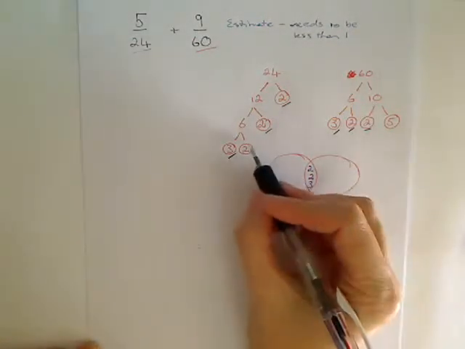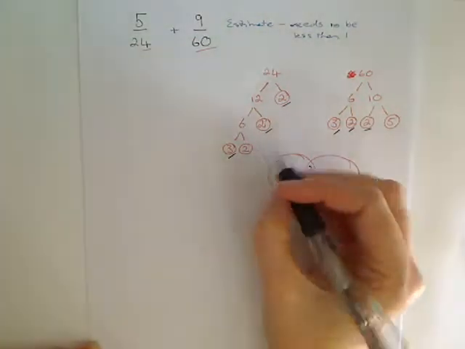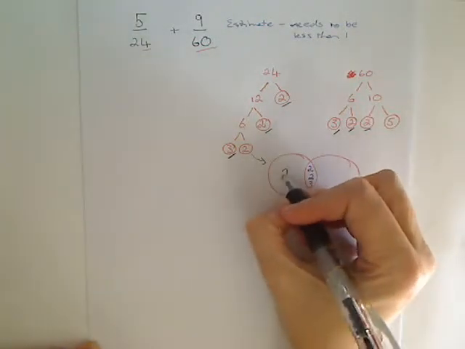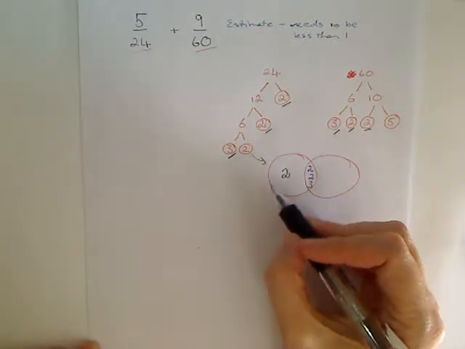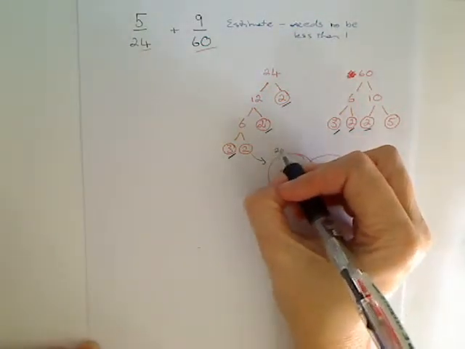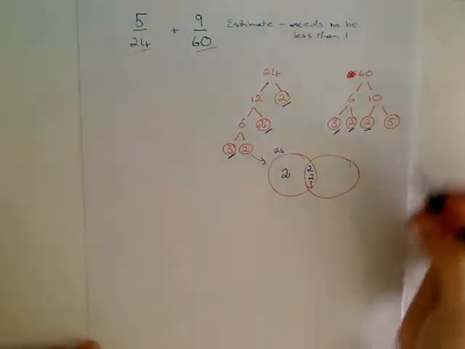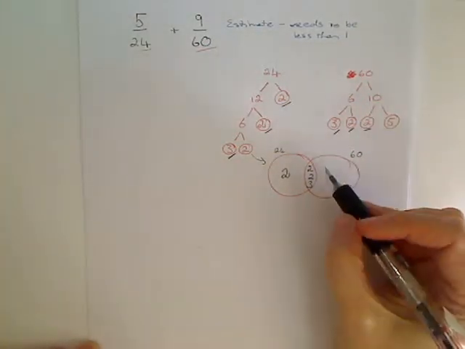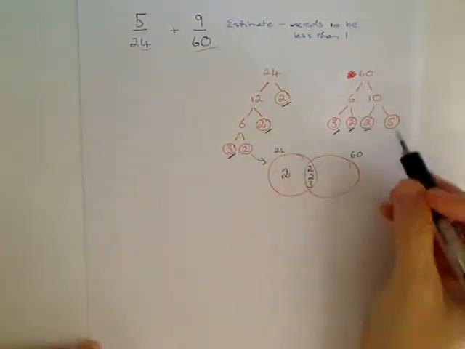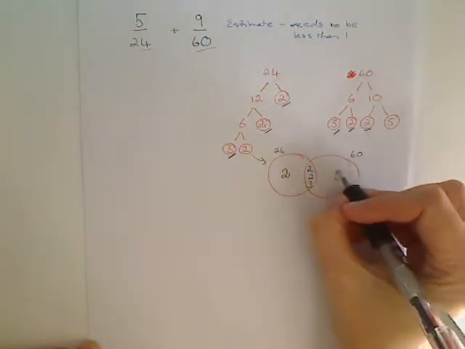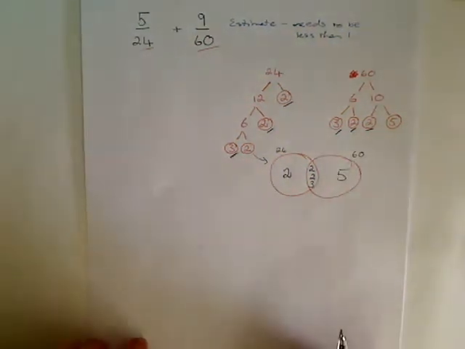Those leftover factors, 2 over here, is going to go just on its own, still within the circle of the factors that make 24, and for the factors that make 60, we've already got 2, 2 and 3 covered, we just add in 5.